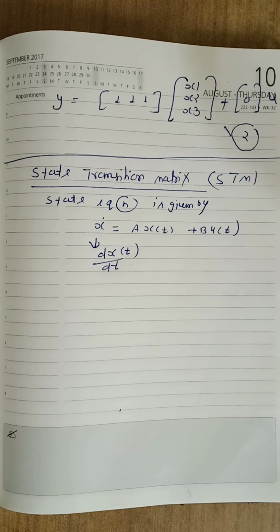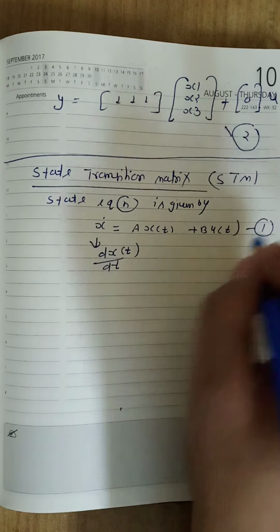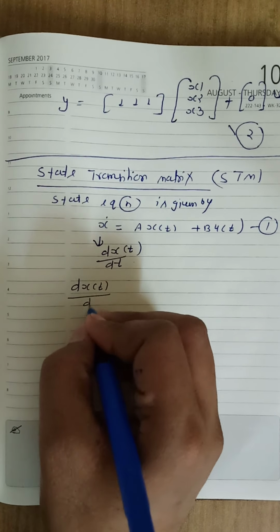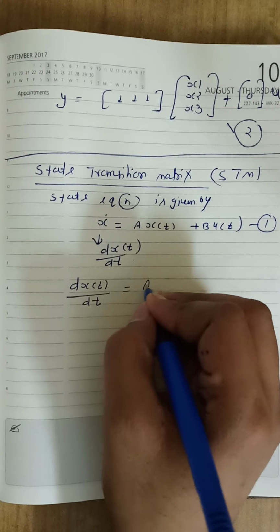So we can write equation first as dx by dt equal to Ax(t).